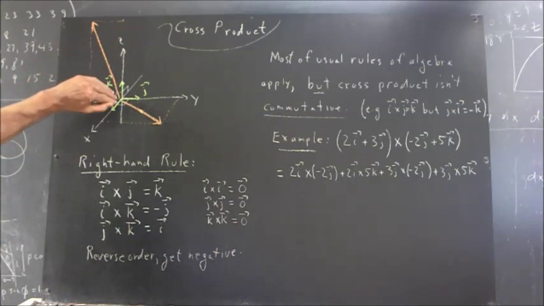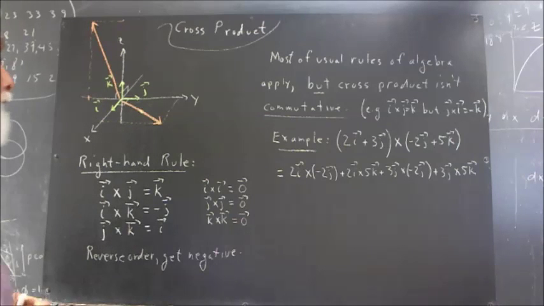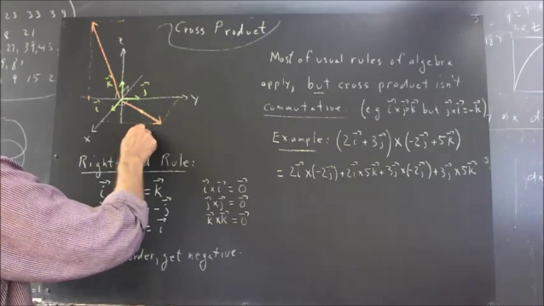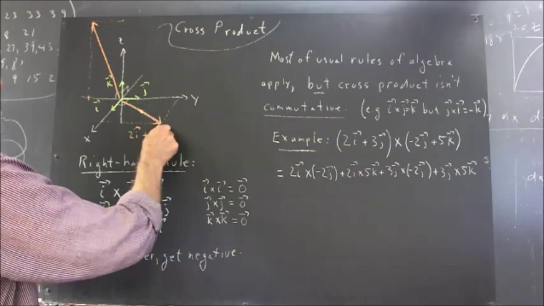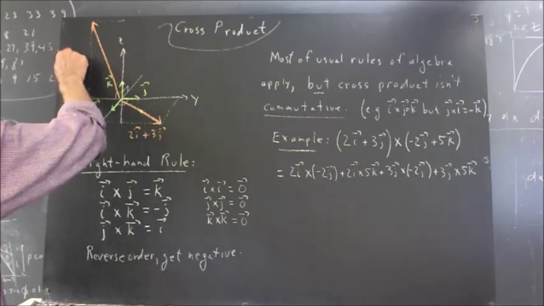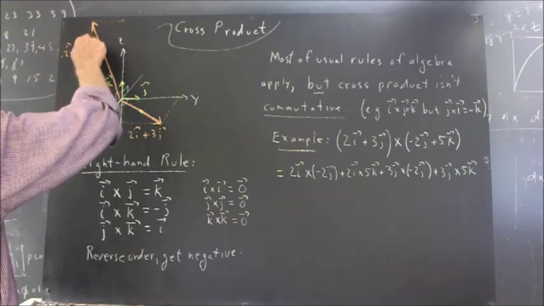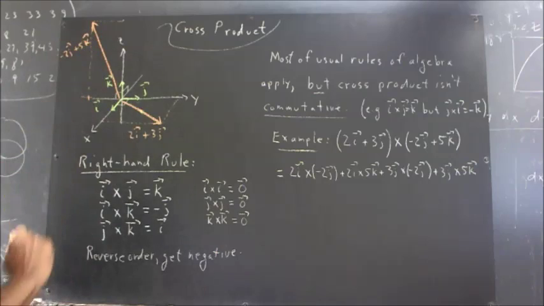But you get the idea. So right there is negative 2j plus 5k. So I can label these vectors 2i plus 3j, negative 2j plus 5k.